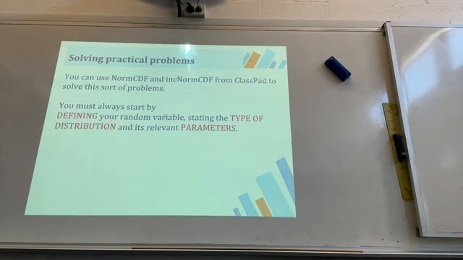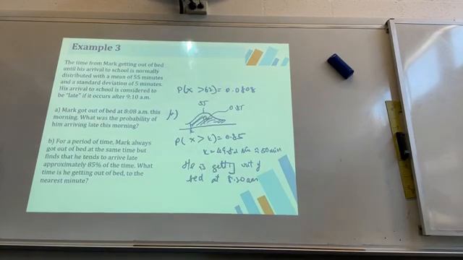So, if you read this question carefully, the time for Mark getting out of bed until his arrival at school is normally distributed with a mean of 55 minutes and a standard deviation of 5 minutes.